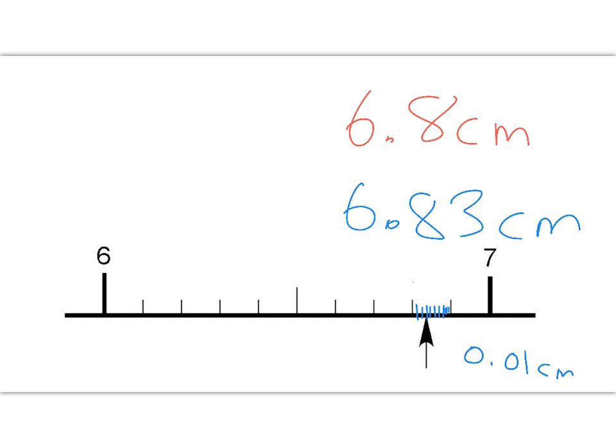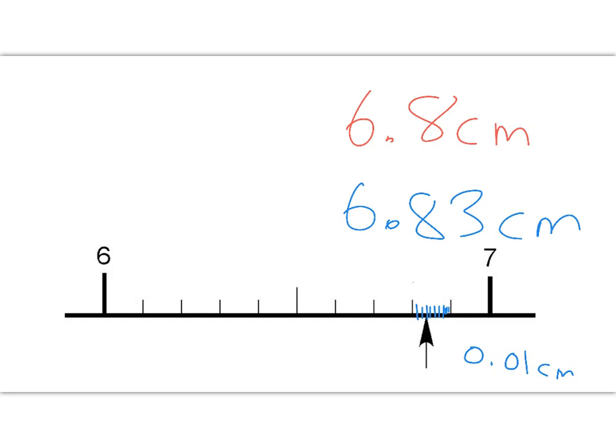It feels kind of wrong to include a digit that you're sort of estimating, but scientists around the world have agreed to include this single estimated digit so that we can tell that it's not exactly 6, it's actually a little bit more. So all the digits in 6.83 are important, even the last one that is estimated. And we say that all the digits are significant.